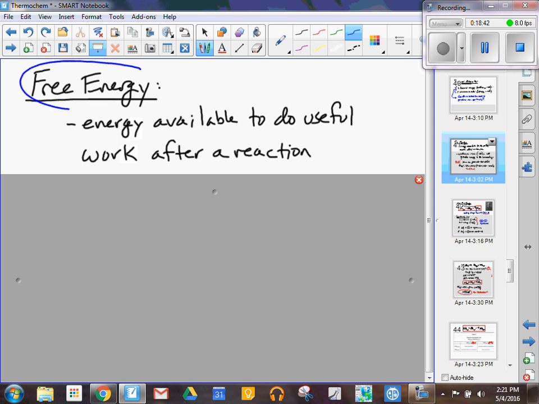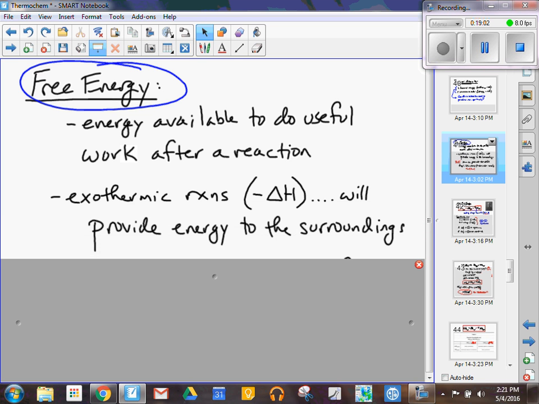And free energy sounds like what it is. It's energy that's available to do useful work after a reaction. And it's not just dependent on how much energy is generated in a reaction, how exothermic a reaction is, because you always lose a little bit of that generated energy. So first of all, exothermic reactions, negative delta H, tend to provide energy to the surroundings.